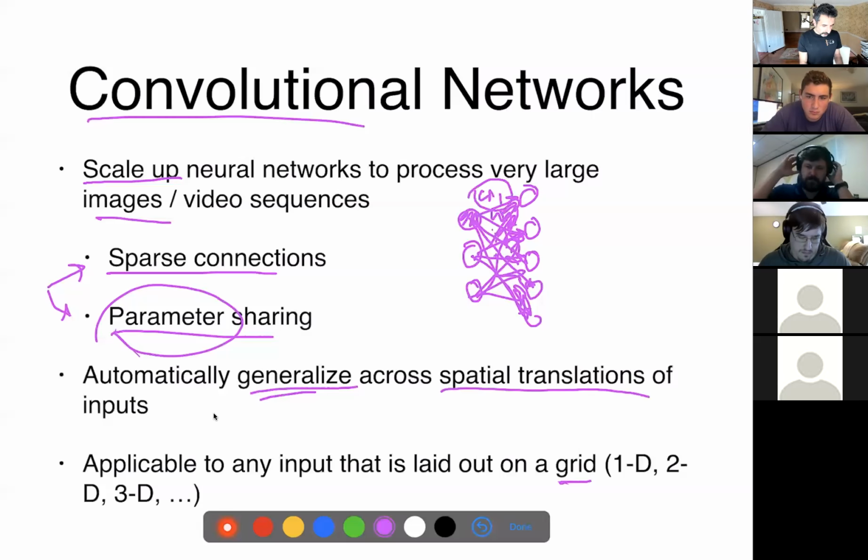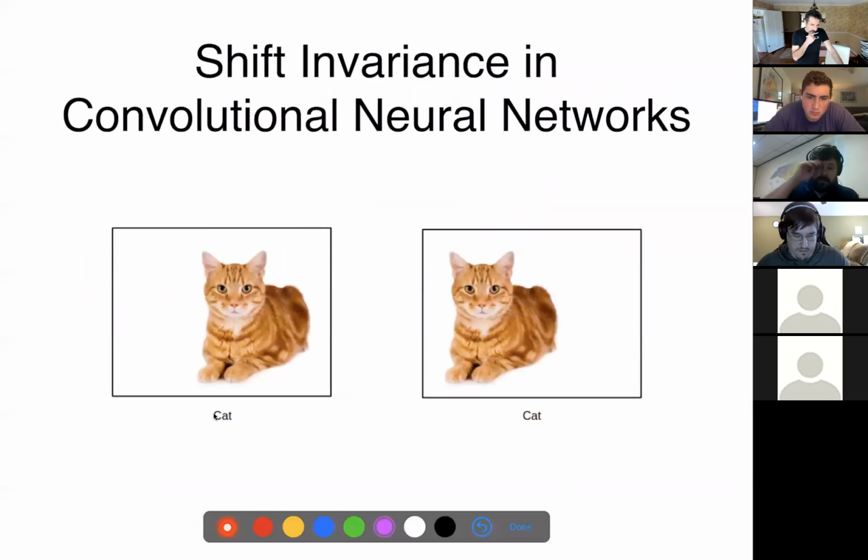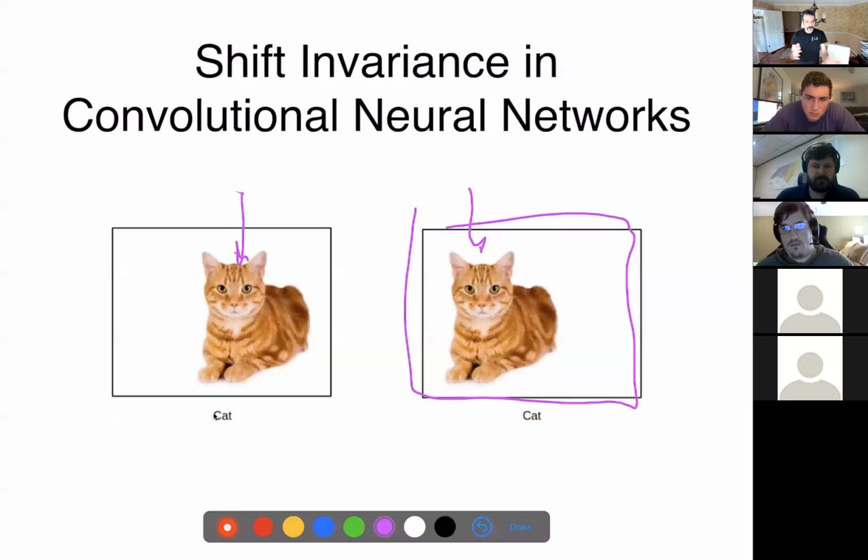So, for example, if you have a cat in the image, and you learn that this is a cat, and then you move it to the other side of the input, where the whole thing is the input, you still want to recognize this as a cat, without learning it as new data, because it's the same, it's just moved.